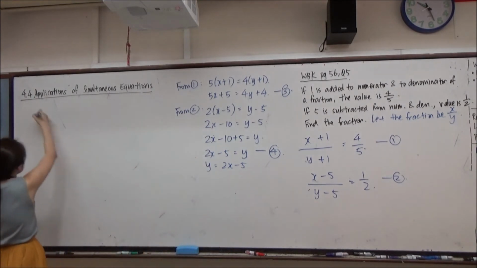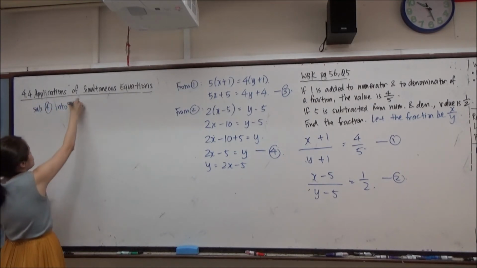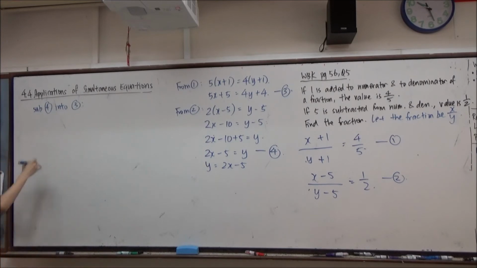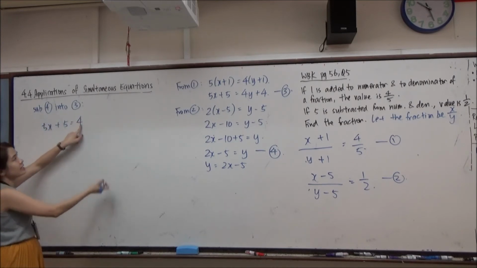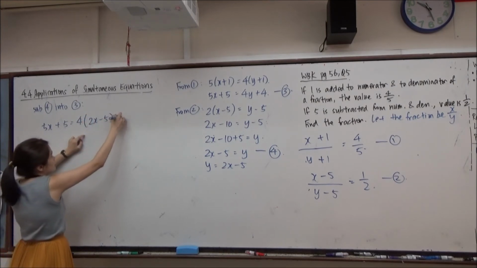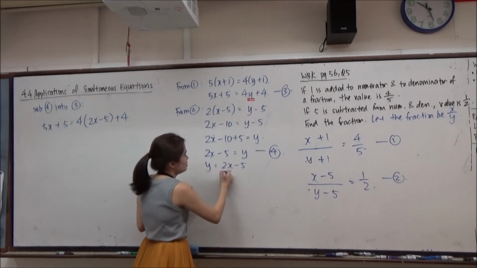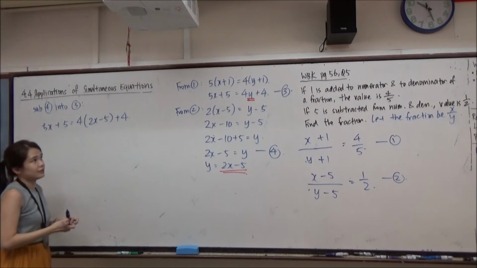So I substitute equation 4 into equation 3. So I will have 5 bracket x plus 1 equals to 4 bracket y plus 1. I replace the y with 2x minus 5. So I replace this y over here with the 2x minus 5.